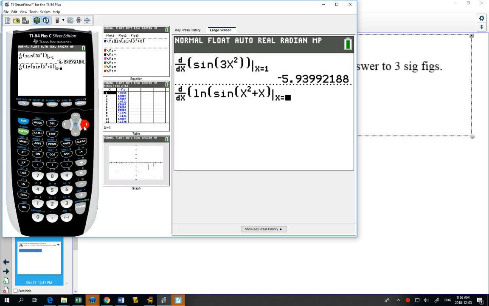Pi over 4. Enter. This came up automatically when I picked the n-deriv function. And push enter. 0.437.